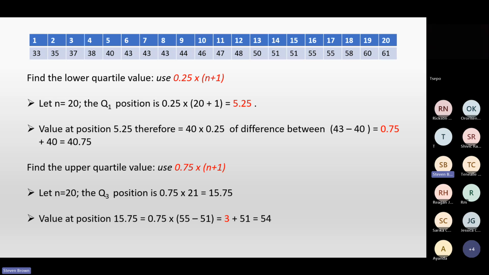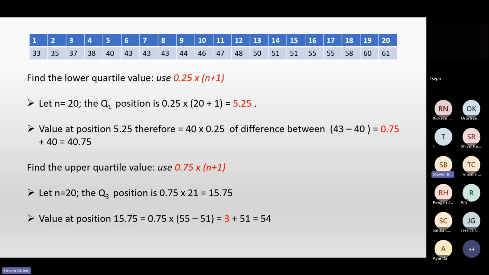But now you've got to deal with this 0.25. So what are you going to do with that? Now, this is what you're going to do. You go to position 40, okay? And then you say to yourself, and I'm going to go very slowly now, what is my next consecutive number? My next consecutive number is 43.